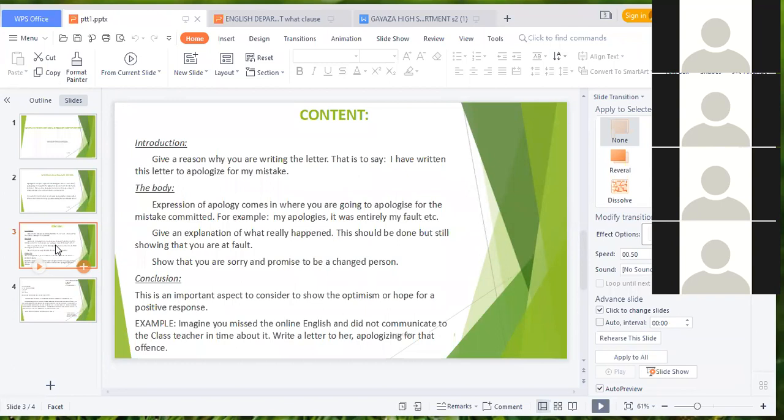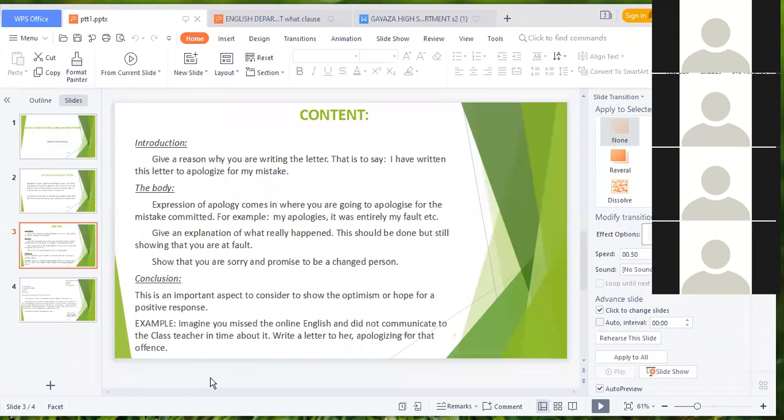And after that, we shall conclude our letter by showing that you're optimistic, that you're looking forward to hearing from the person you are writing to. So that is the conclusion.